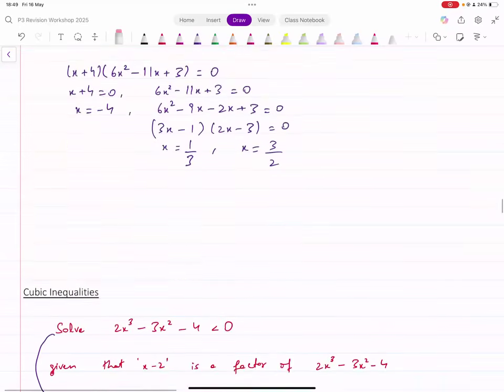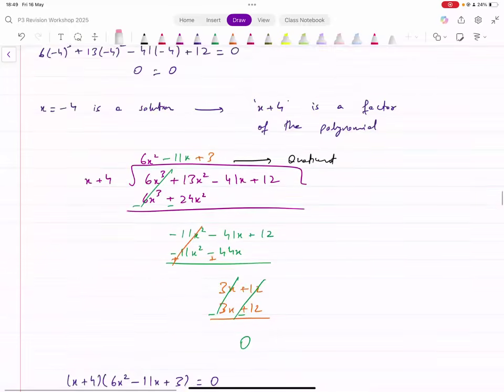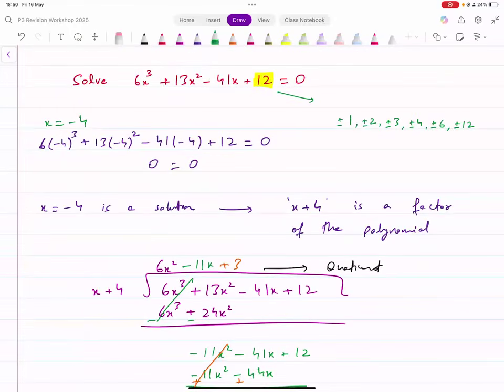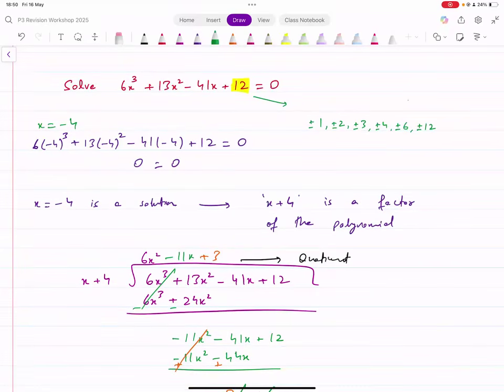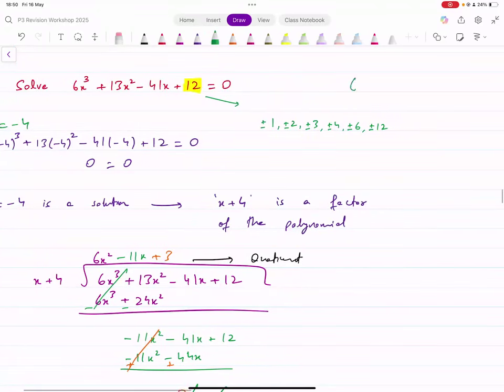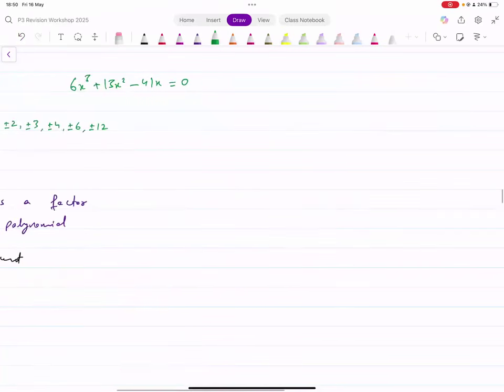Let me actually just go back here for a moment. If the x squared term was missing, that would not make any difference. You would still have to guess the solution like this. However, something came to my mind based on that question: sometimes you could just have 6x cubed plus 13x squared minus 41x equal to 0. Now, in this case, there's no constant term, so you don't have to guess.